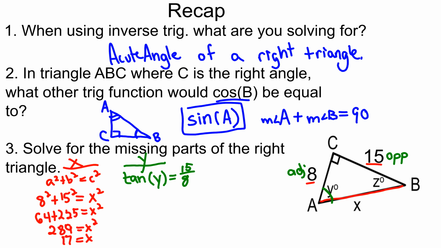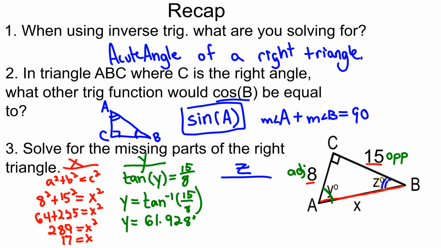So keep in mind, guys, it's just 3 separate problems, but it's all on the same triangle. So from here we solve by doing inverse trig, because as question number 1 says, when you solve for an angle, you use inverse trig. So use inverse tangent of 15 over 8, and we solve that by getting an answer of 61.928 degrees.